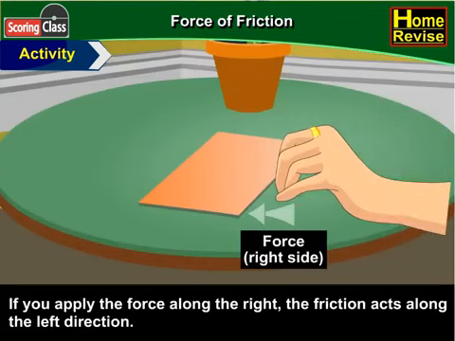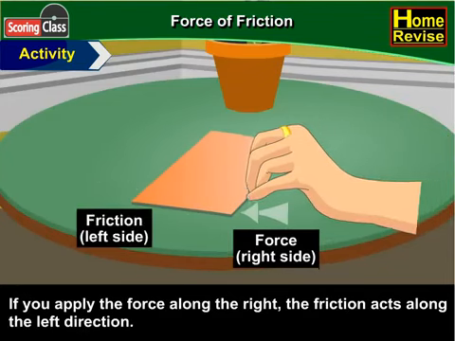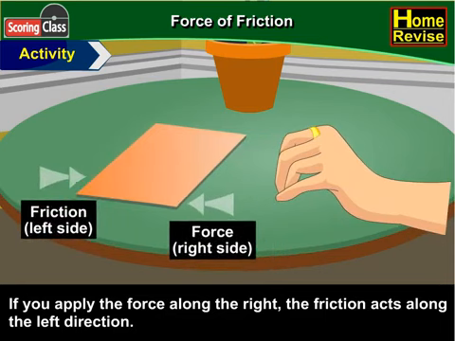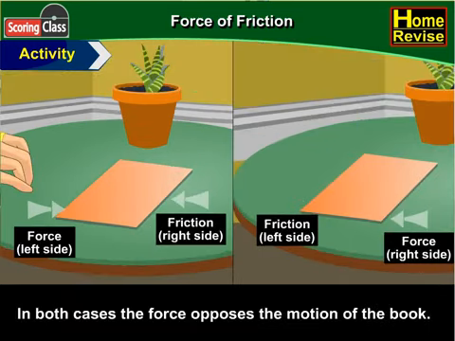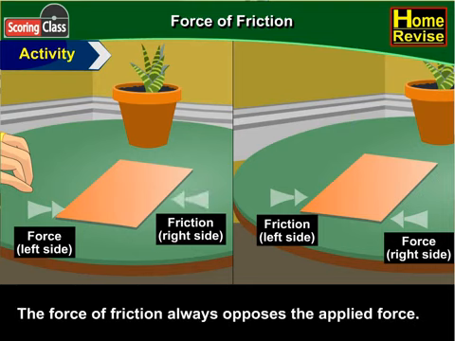If you apply the force along the right, the friction acts along the left direction. In both the cases, the force opposes the motion of the book. In fact, the force of friction always opposes the applied force.